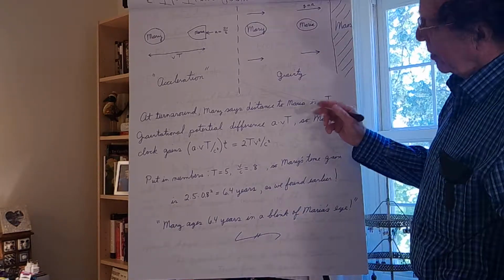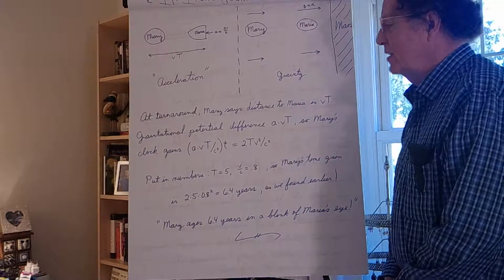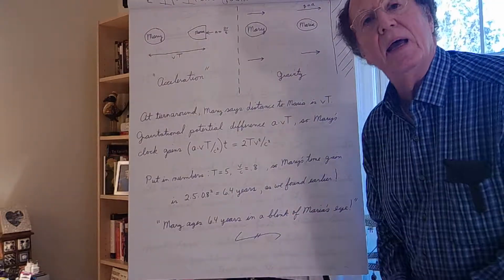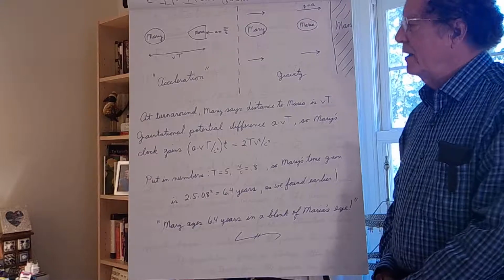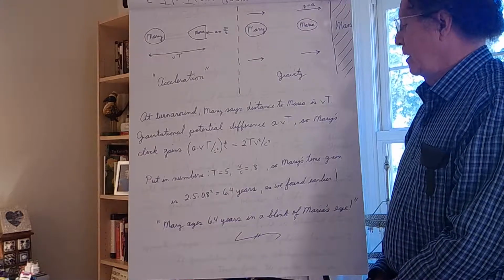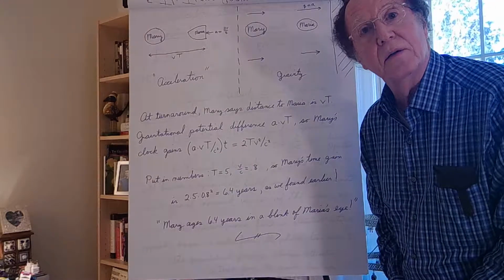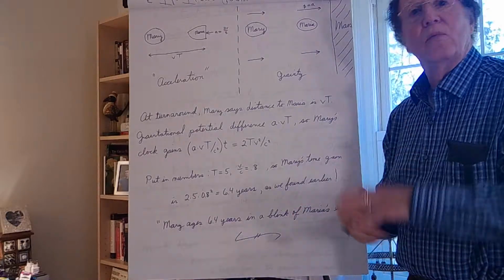Now the only complaint you might make about this discussion is that these numbers are pretty big, and I only derived the redshift for weak fields. So we have a little work to do.